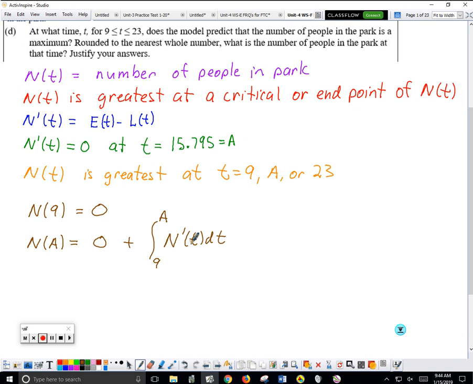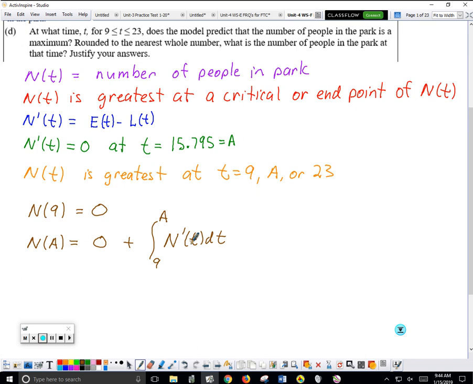So the fundamental theorem says, if you integrate the rate at which the number of people in the park is changing, the integral is going to calculate by what amount the number of people in the park changed. So the integral always gives you a change in the amount, not the actual amount.